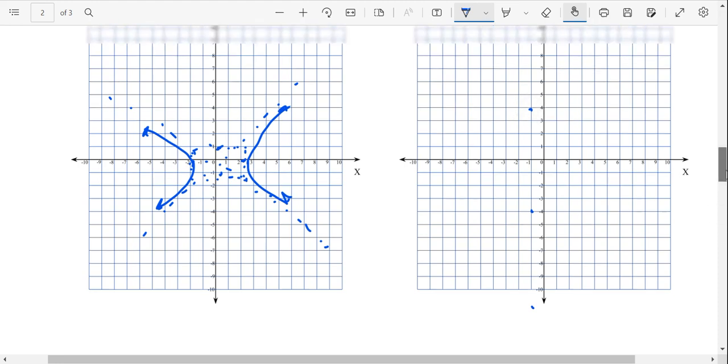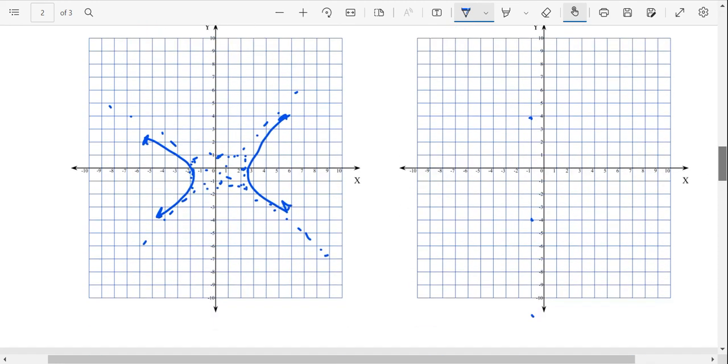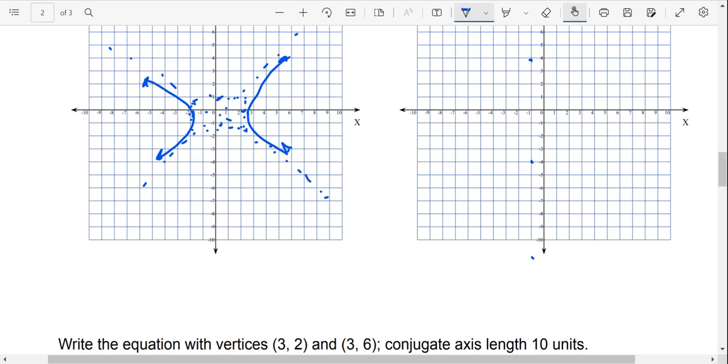What else we got? B value is 9. So I'm going to go 9 over both ways. 9 over is here. 9 over is here. And then I'm going to draw my box. There we go.